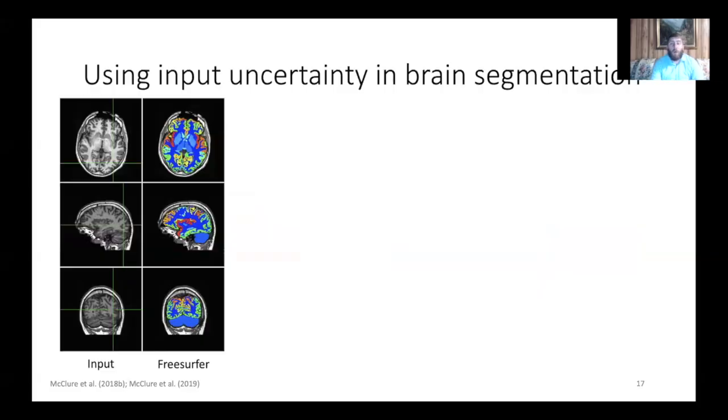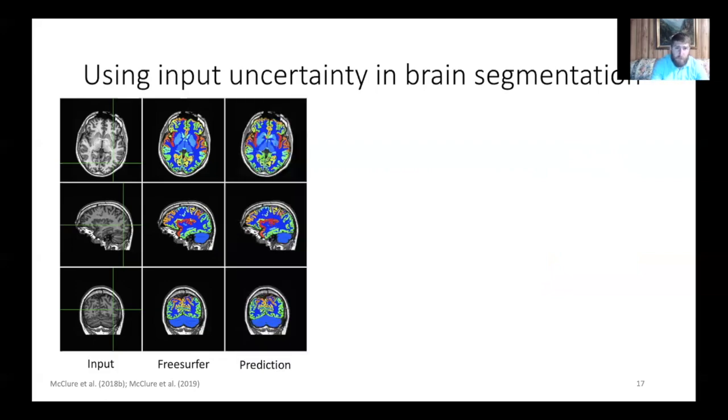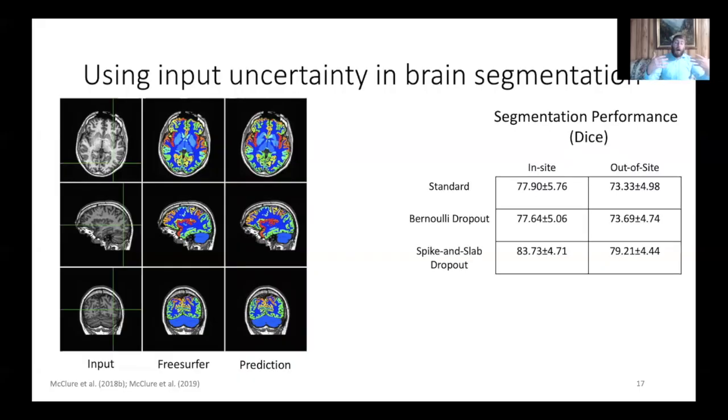In particular, we took structural volumes, then got FreeSurfer segmentations, and trained a deep neural network to predict those FreeSurfer segmentations for the training data, and then generate the probability distributions over classes, in this case structures, for each voxel for the test data. You can see that these predictions seem very close, but there do seem to be some errors. But despite that, these methods do perform well.